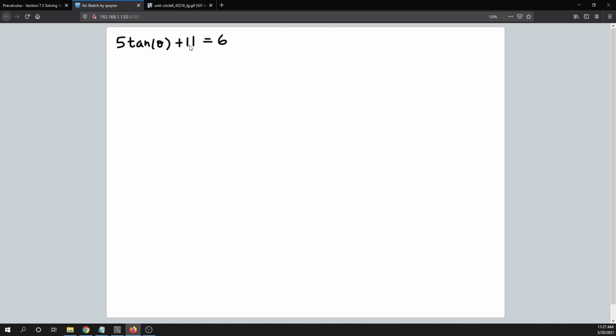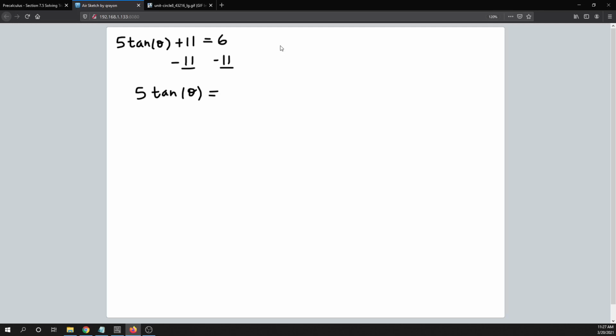Right, the 11 doesn't. So the first thing that I want to do is to add or subtract from both sides in order to get all terms with the trig function over on the left side, and any term that doesn't have the tan theta, like this 11, over on the right side.